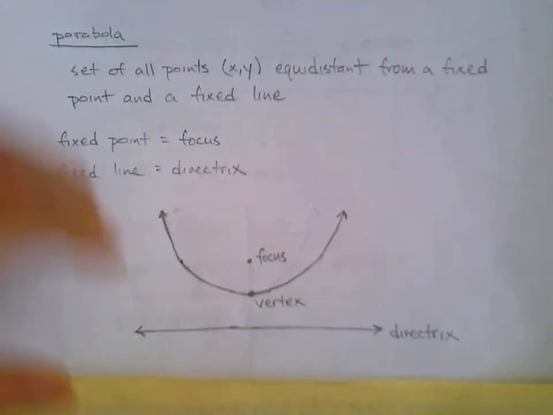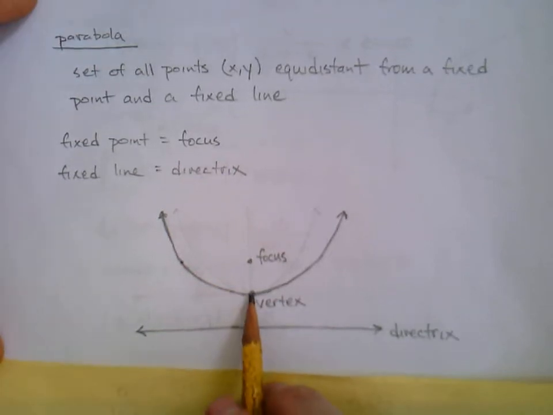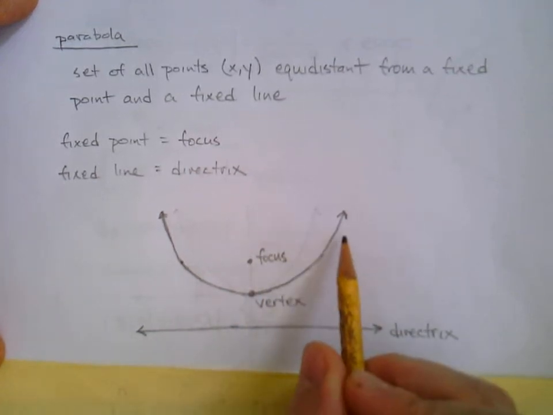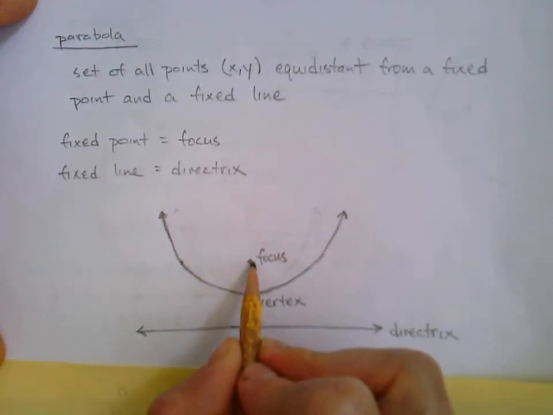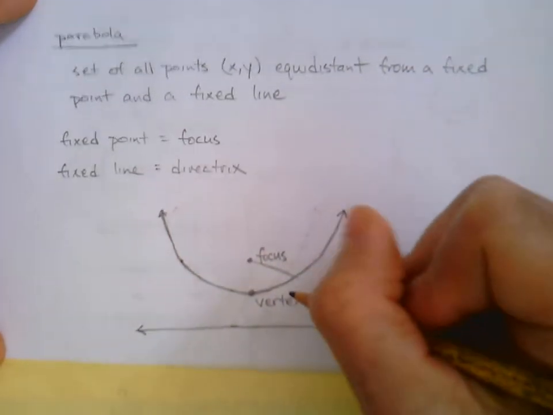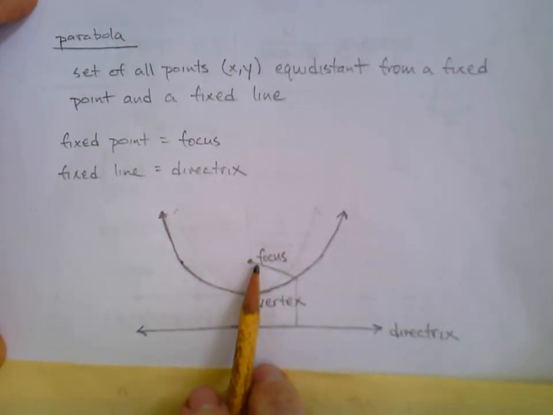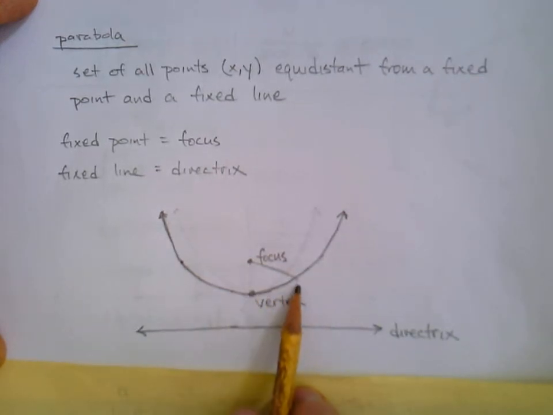So the idea here is it's kind of strange. We're equidistant from both the point and the line. At any given point on the parabola, the distance from the focus is the same as the distance down to the directrix. And it looks like my graph needs a little work. It should maybe be a little bit wider. But you get the idea.